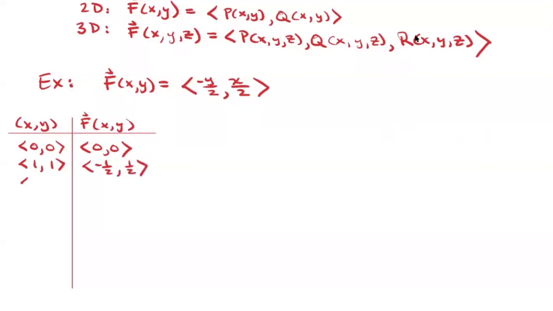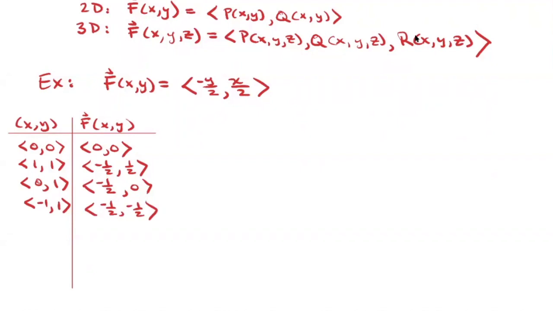Then 0, 1: you reverse the coordinates, divide by 2, and change the sign, so it's going to be negative a half, 0. And then negative 1, 1: switch the coordinates, change the sign, so you're going to get negative a half, negative a half.